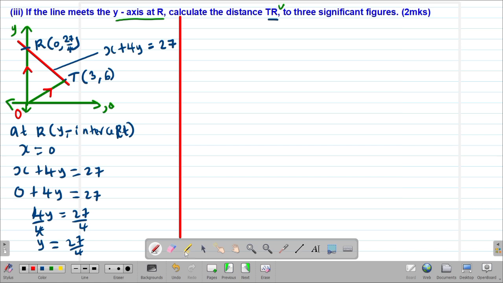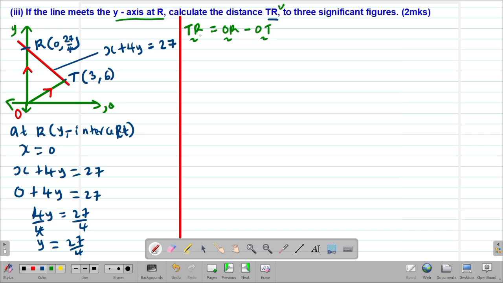Such that if we want to find TR, vector TR will be given by, we simply take the coordinate of R, then subtract the coordinate of T. So this is OR minus OT.